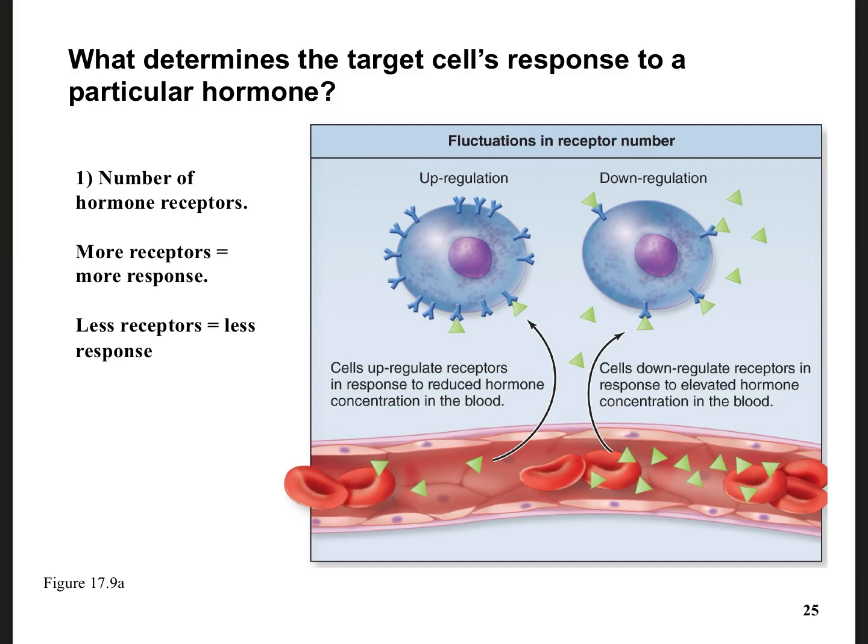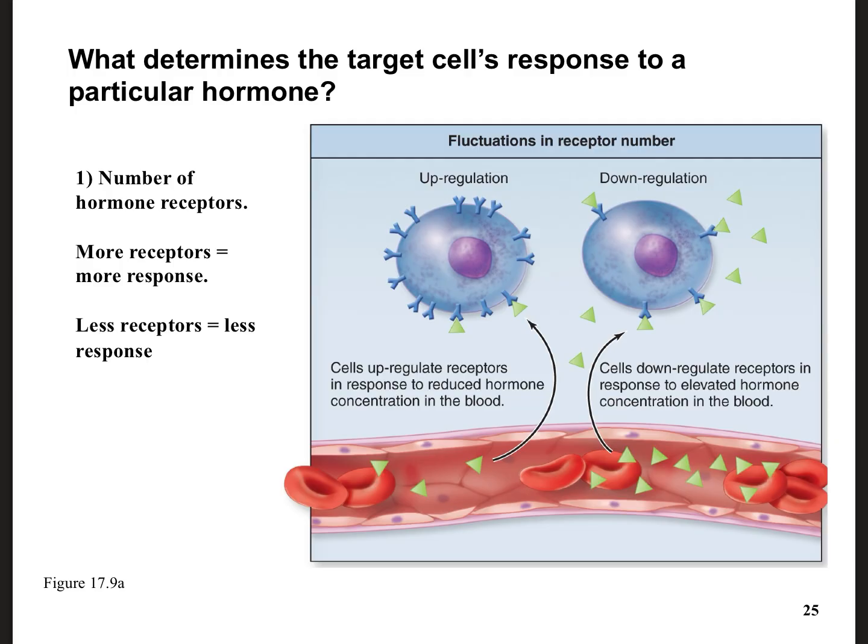So, as I alluded to at the very beginning, what controls the response of a cell to a hormone? The presence of the receptor for that hormone. If a cell doesn't have the receptor, it can't respond to the hormone. Okay? So that's number one. How many of those receptors are present on the cell will determine the level of response a cell will have to a hormone.